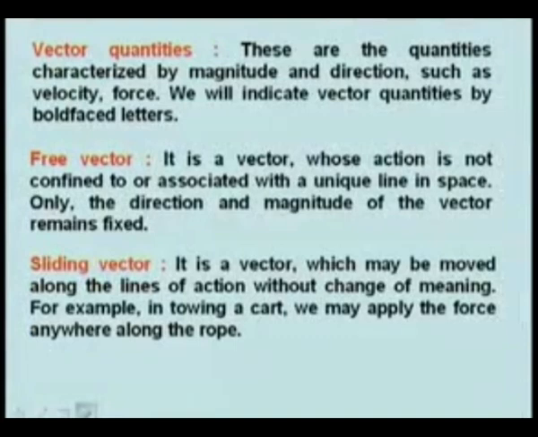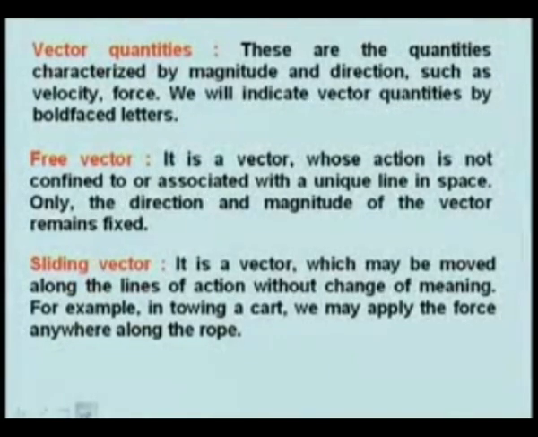Vector quantities are quantities characterized by magnitude and direction, such as velocity and force. Velocity has a direction as well as magnitude, and likewise force has a direction as well as magnitude.